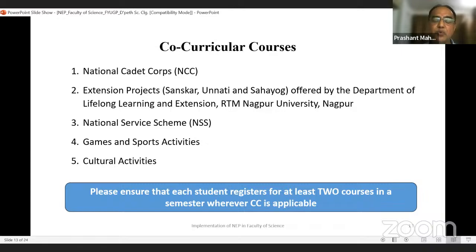But then the extension projects are of title Sanskar, Unnati and Sahyog, where there will be hands-on practice or field practice. In co-curricular courses, there cannot be any classroom teaching. When we do not have the classroom teaching in VSC and SEC, how can we have the classroom teaching in the co-curricular courses? And then games and sports activities, cultural activities.